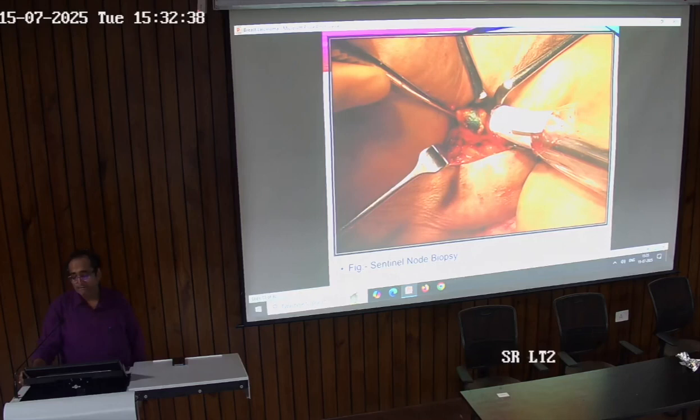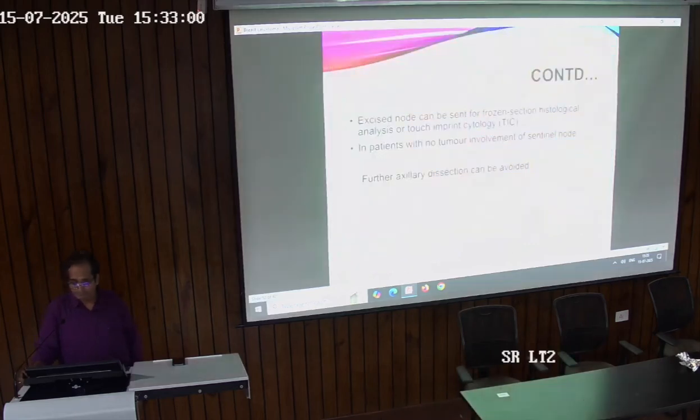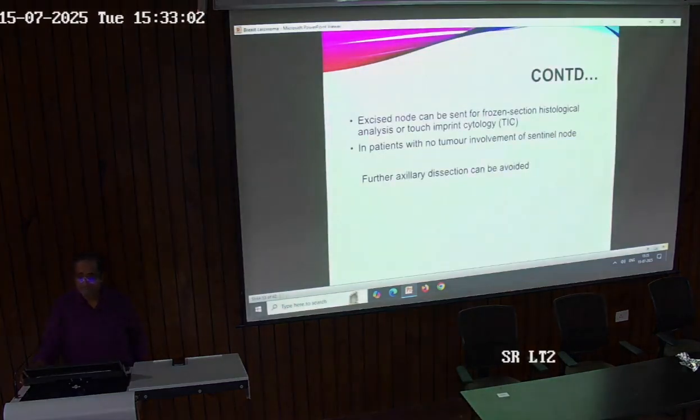You can see on the right side the gamma camera which is being used to identify where the lymph node is present. This single lymph node is excised and sent for histopathology. If there is a chance of metastatic involvement, then only axillary clearance is performed. If this is negative, the axillary clearance is not done. The excised lymph node is sent for frozen section HPE or touch imprint cytology. In patients with no tumor involvement of the sentinel node, axillary dissection can be avoided.